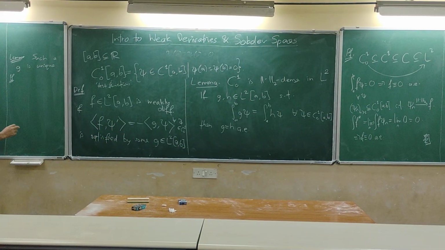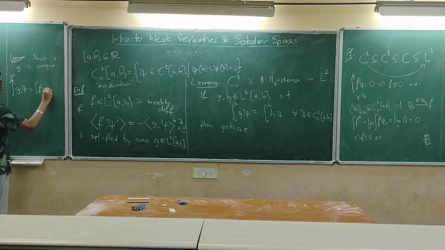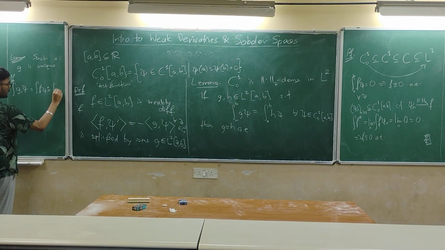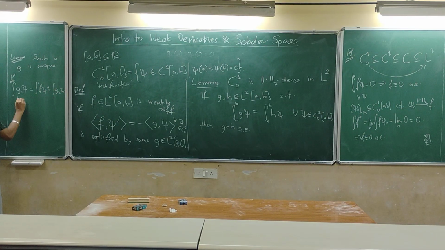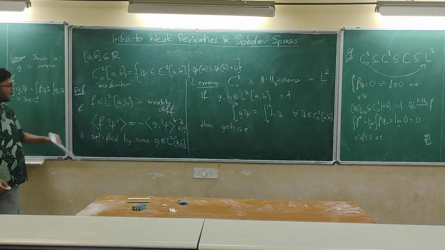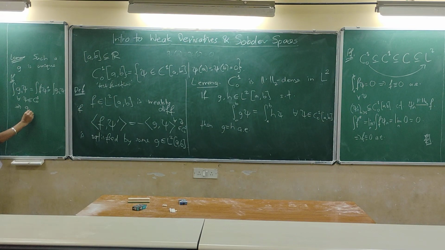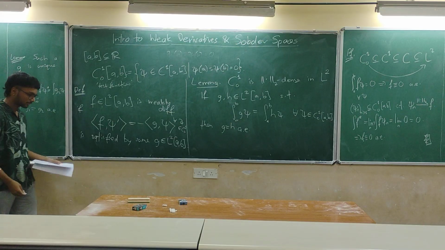So if I have two weak derivatives of f, let's say g1 and g2, then the identity implies that the integral of g1 psi is equal to minus the integral of f psi dash, which is equal to the integral of g2 psi, and this is for all psi. But since this is equal to this for all test functions, that lemma tells me that g1 must be identical to g2 almost everywhere. So this is unique.